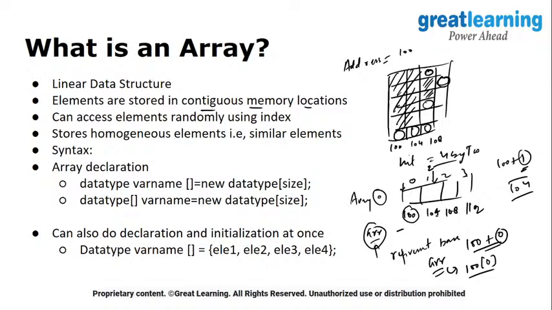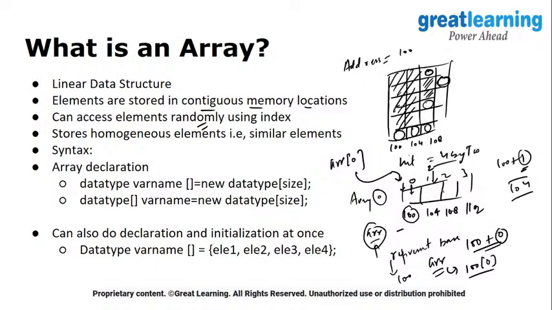That is the reason indexing starts from 0: when you add 0, it still gives you 100, so you are on the first element. That is why ARR of 0 points to the first element.